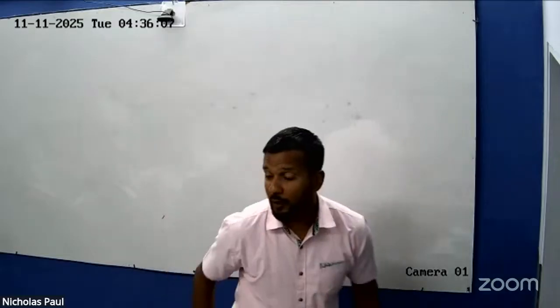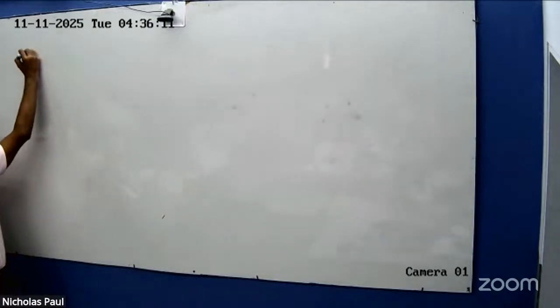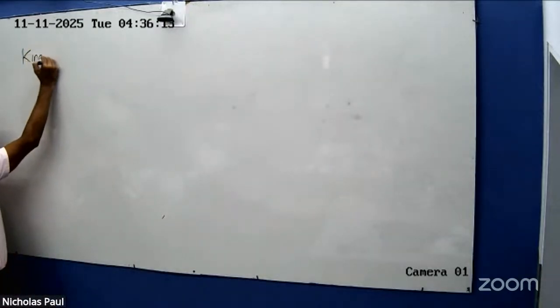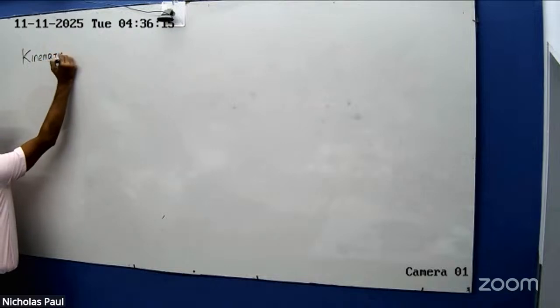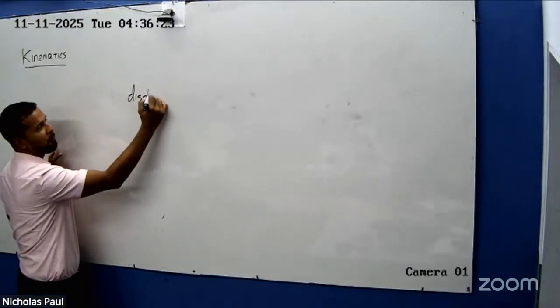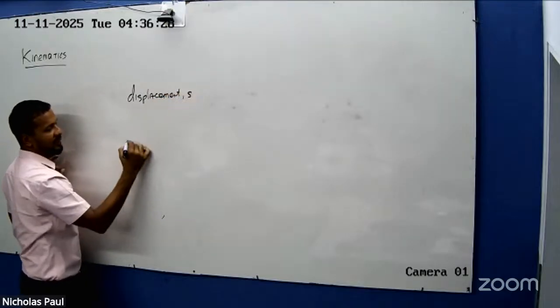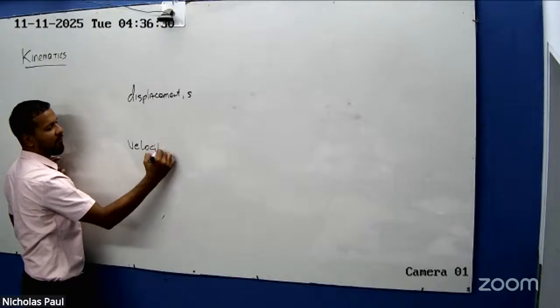Right. So here's what we're looking at. We're looking at something called kinematics. Kinematics in our maths involves 3 quantities only. The first quantity we call displacement. The second quantity we call velocity.